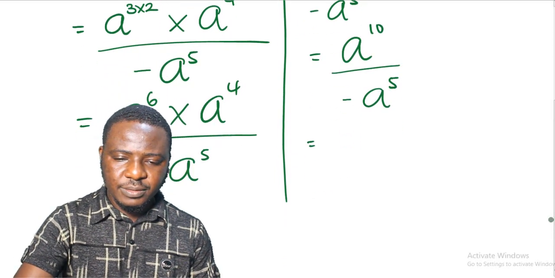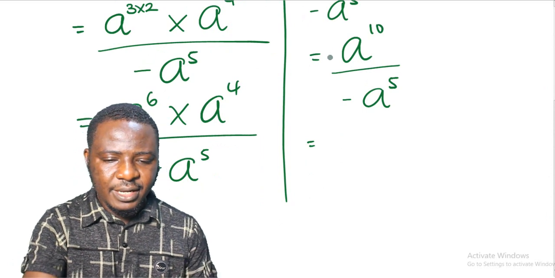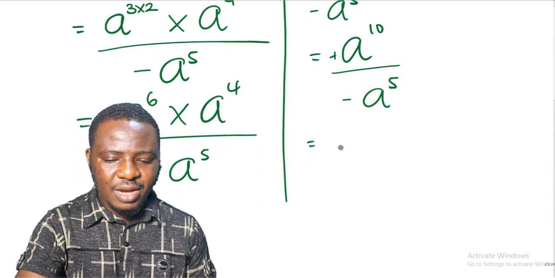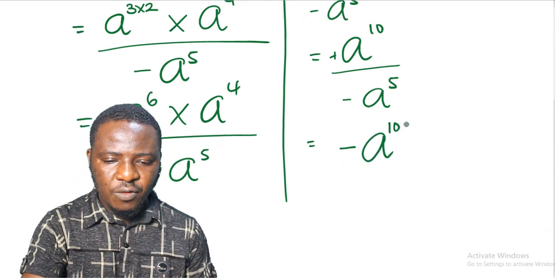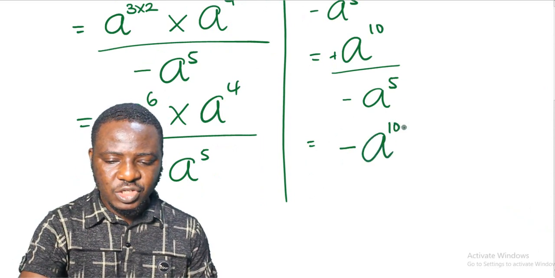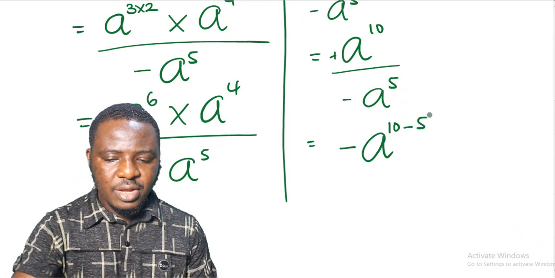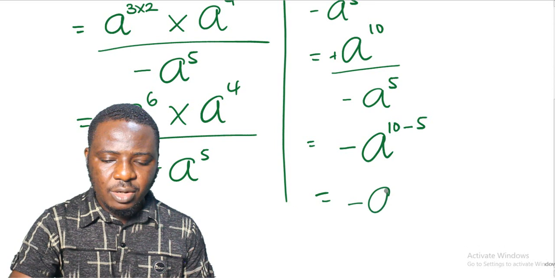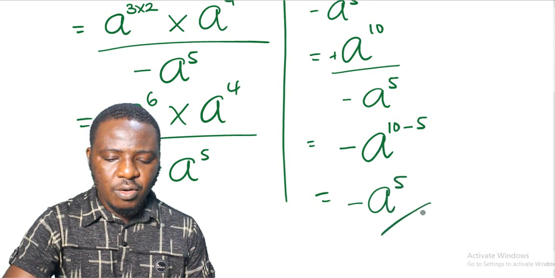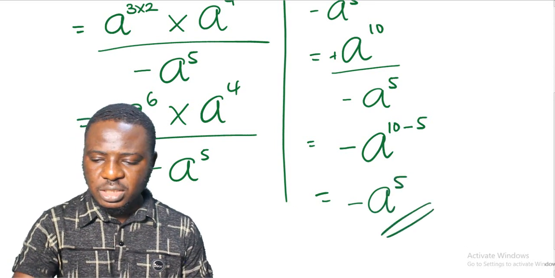Keep simplifying. Remember this is positive, so positive divided by negative is negative. A raised to the power of 10, when it is division you subtract: a raised to the power of 10 minus 5. This becomes minus a raised to the power of 5, and this is your answer.